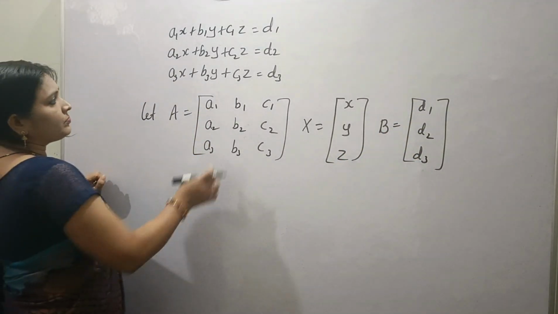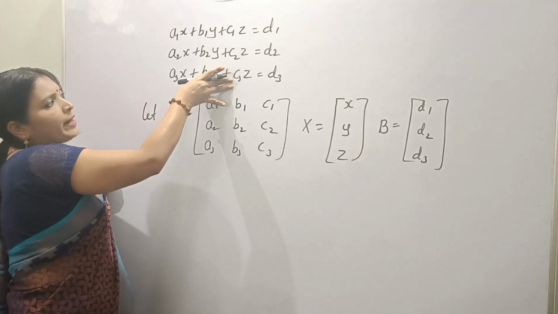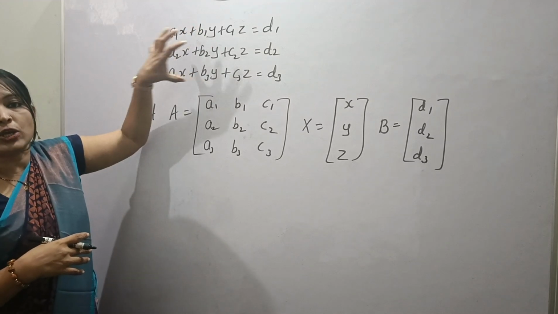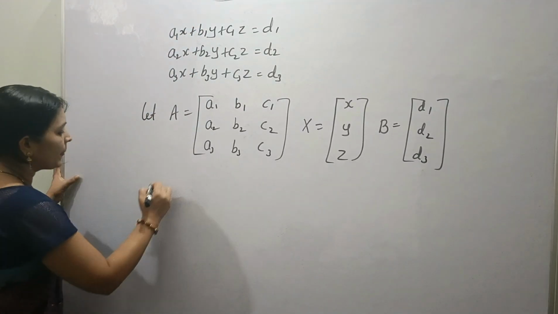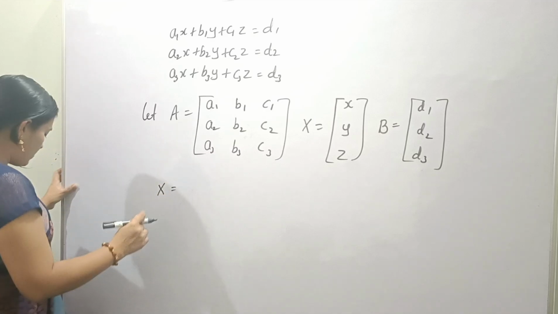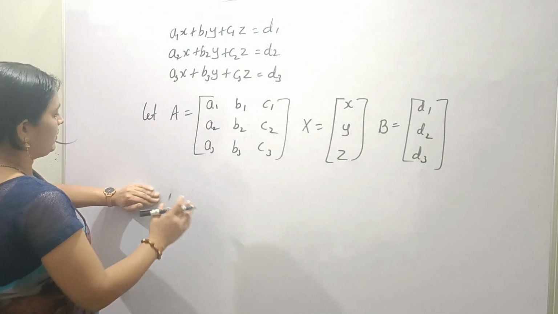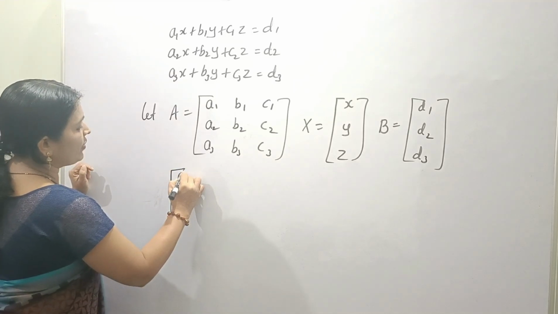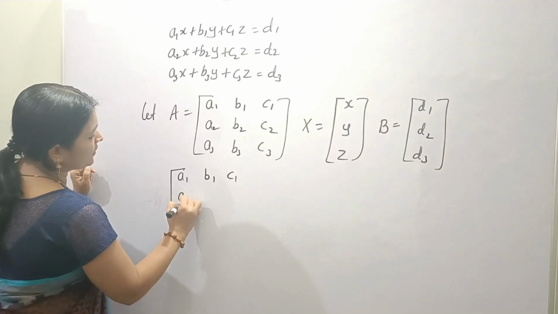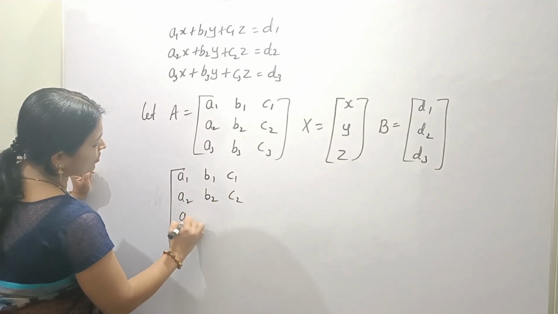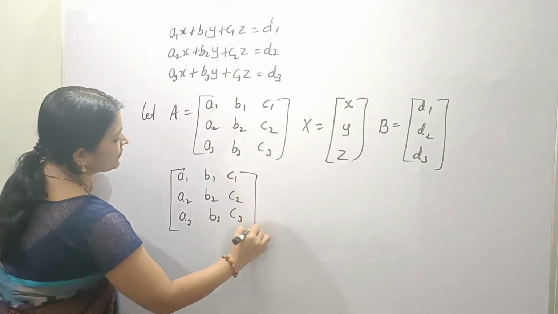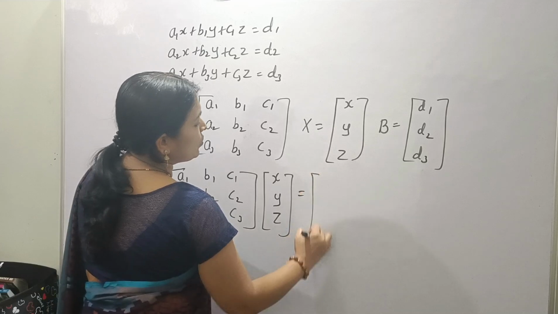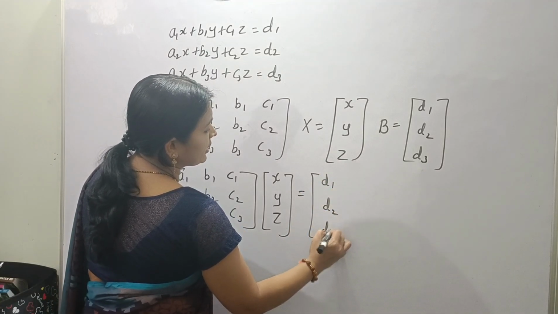Next, we can express these linear equations in matrix form. [a1, b1, c1; a2, b2, c2; a3, b3, c3] into [x, y, z] is equal to [d1, d2, d3].